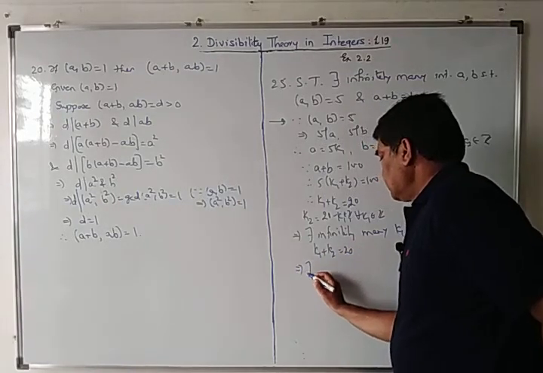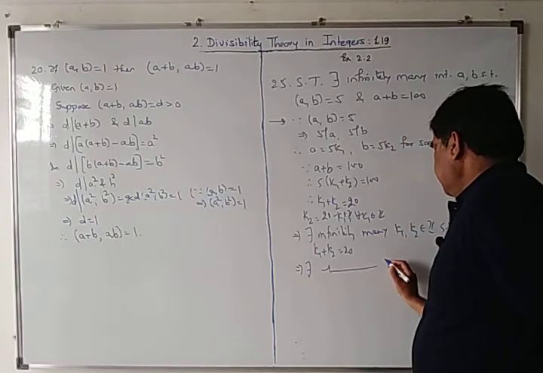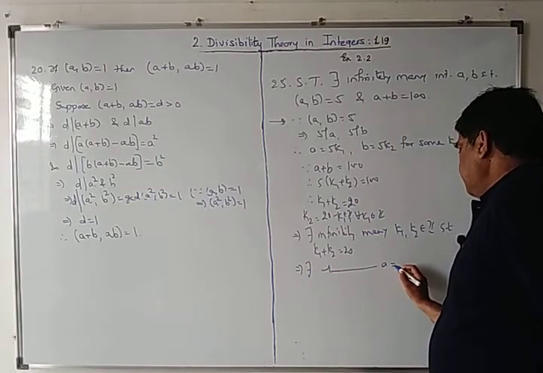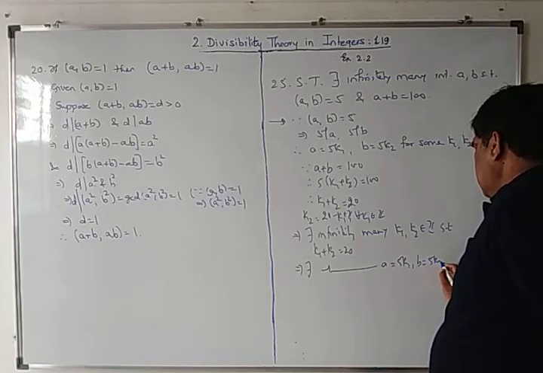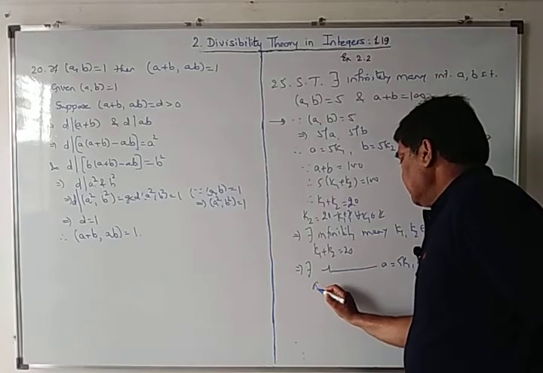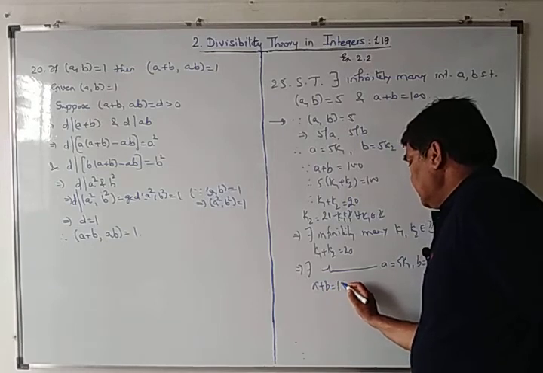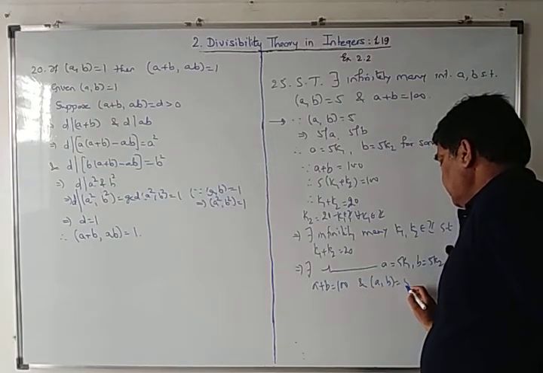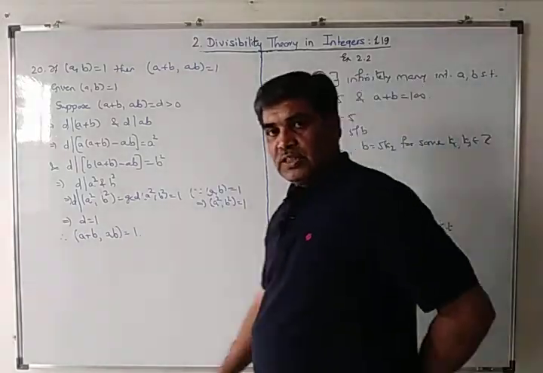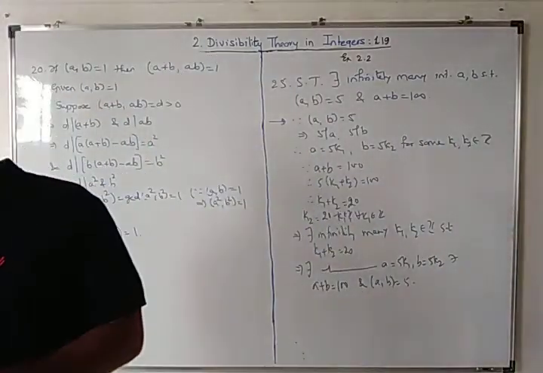Implies there exist infinitely many a equal to 5k1, b equal to 5k2 such that a plus b is equal to 100 and GCD of a, b is equal to 5.